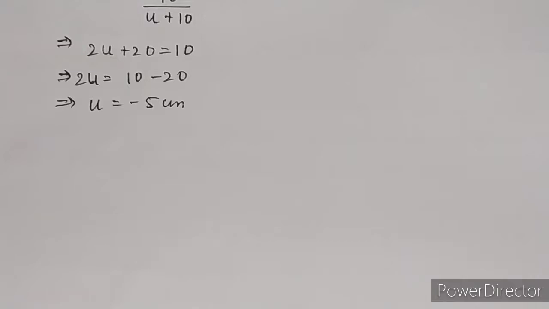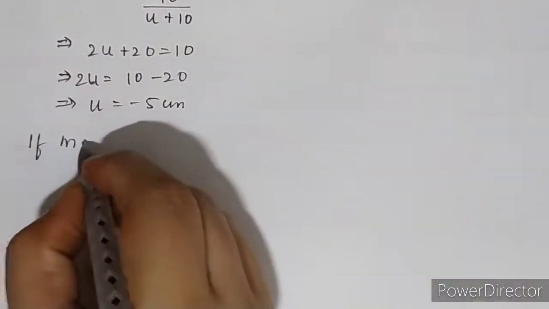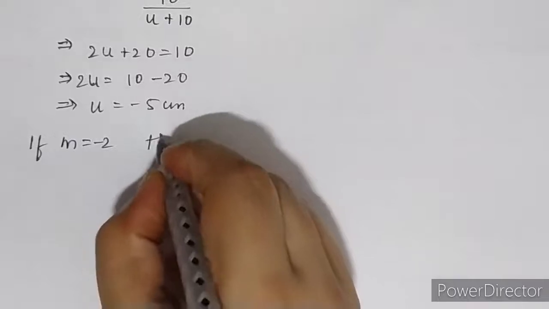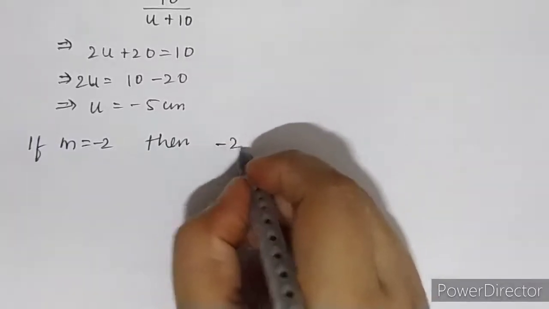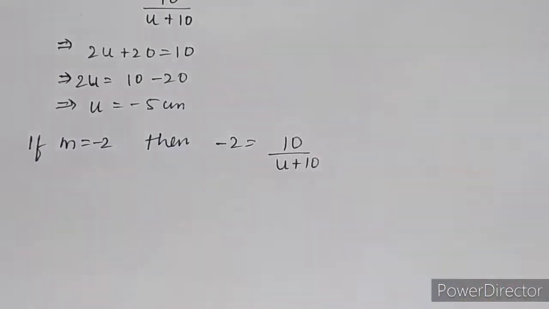And the second, if we are taking the magnification in the minus form, if m is equal to minus 2, then minus 2 is equal to 10 upon u plus 10.